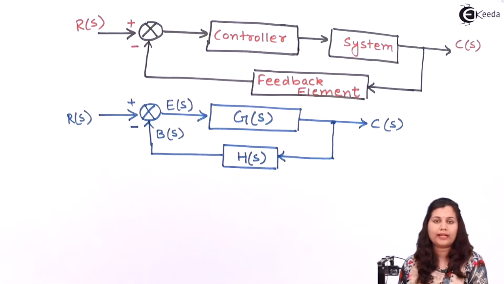So this is the block diagram of a closed loop control system.